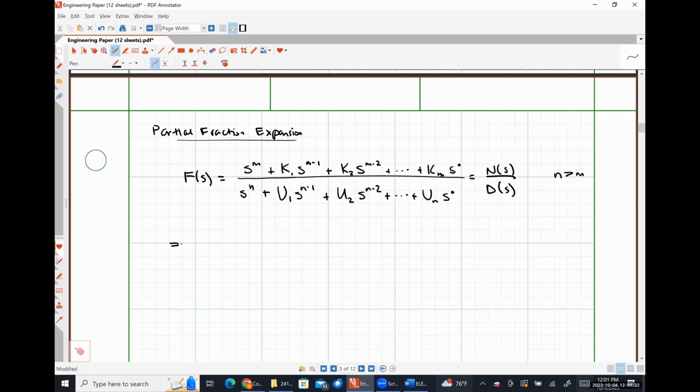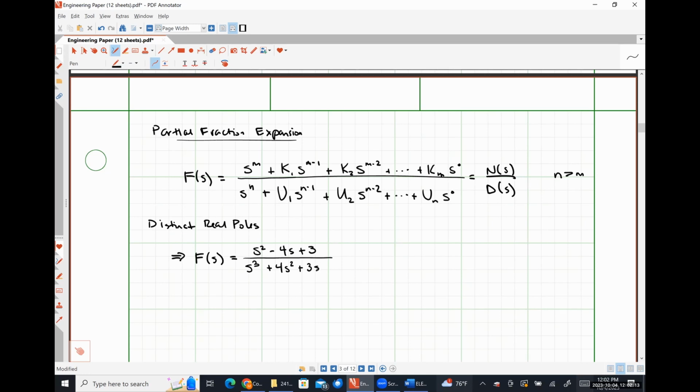So let's say, and we're going to start with the easiest of these cases when we have distinct real poles. Okay. So let's say that we have an S domain function f of s that is equal to s squared minus 4s plus 3 divided by s cubed plus 4s squared plus 3s, like so.